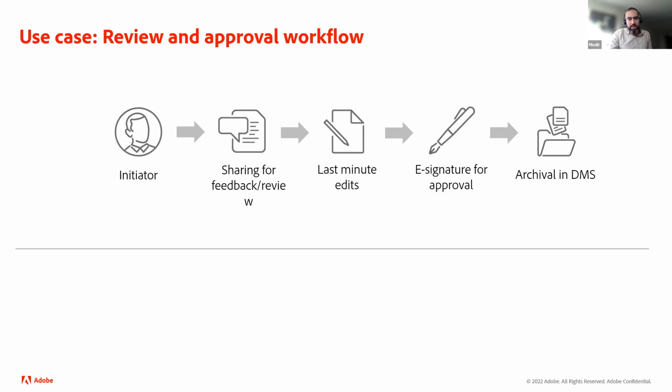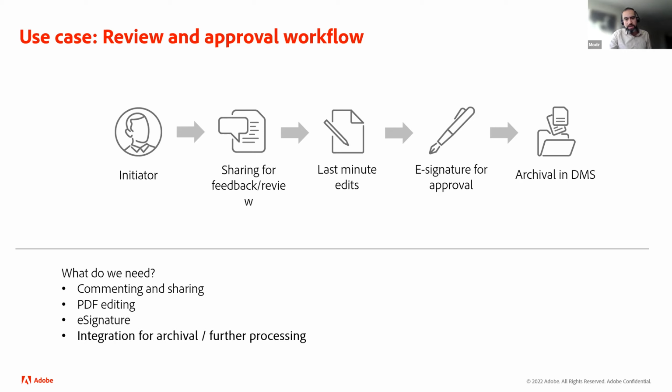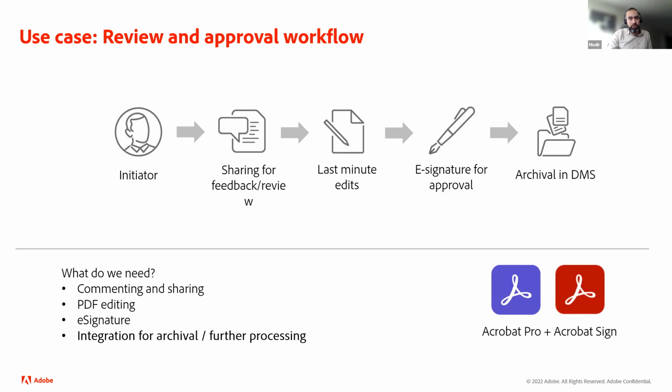Basically, we need commenting, sharing and PDF editing, which are all Acrobat features. Then they also need the signature part and integrations for external archiving and further processing, which are Acrobat Sign standalone features. So in conclusion, in this scenario, they would require both solutions.